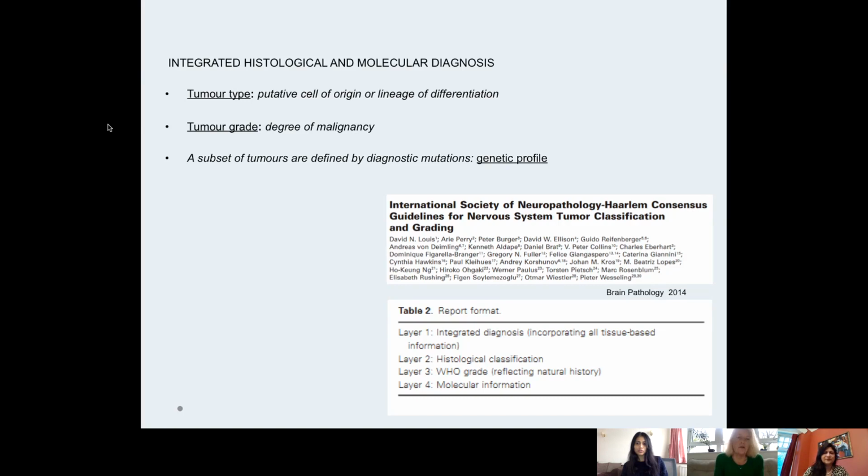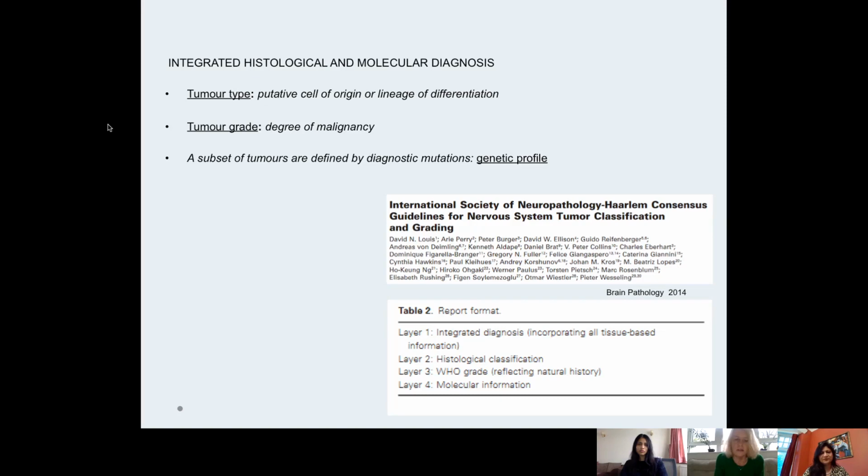As you all know, we are now required, besides giving the more conventional and traditional histological assessment of tumor type and tumor grade, to also provide the genetic profile in the diagnosis of gliomas, or more in general of tumors of the central nervous system, as for many of these entities the genetics are now known.